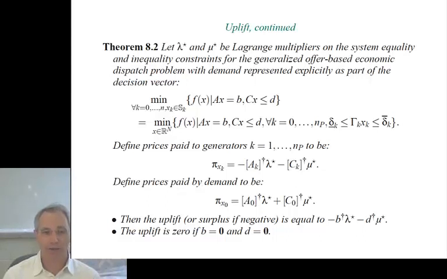Furthermore, let's define prices paid by demand to be pi x0 equal to a naught transpose lambda star plus c naught transpose mu star. Then the uplift, or if it's negative, a surplus, is equal to minus b transpose lambda star minus d transpose mu star. And furthermore, the uplift is 0 if b is equal to 0 and d is equal to 0.